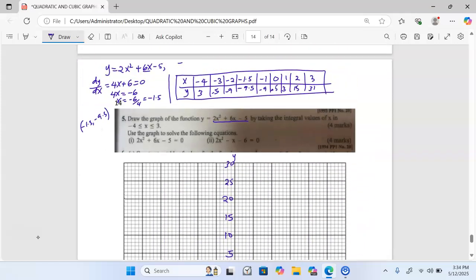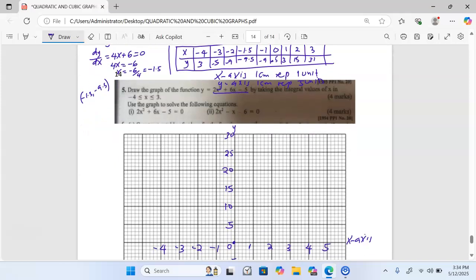We can quote our scale and say on the x-axis, 1 centimeter represents 1 unit, and on the y-axis, 1 centimeter represents 5 units. From there now we can go and start plotting.